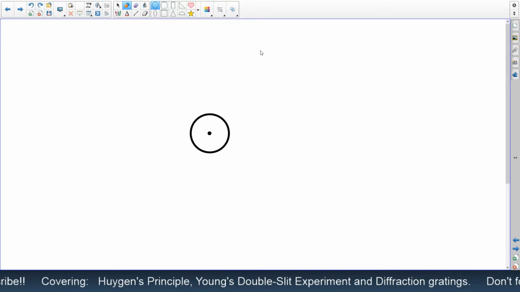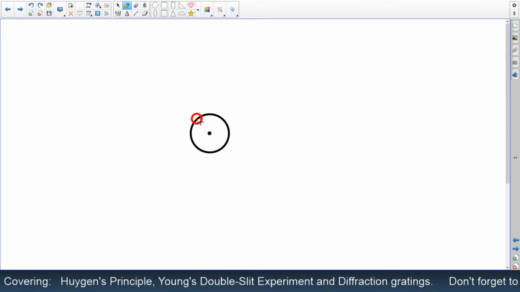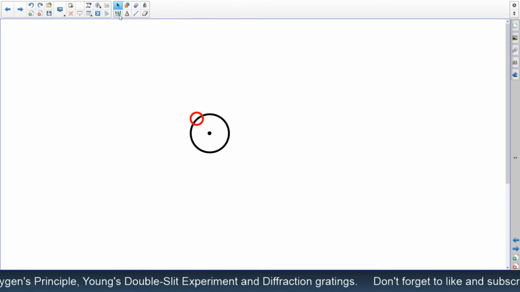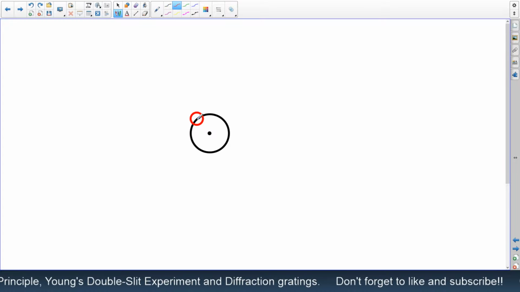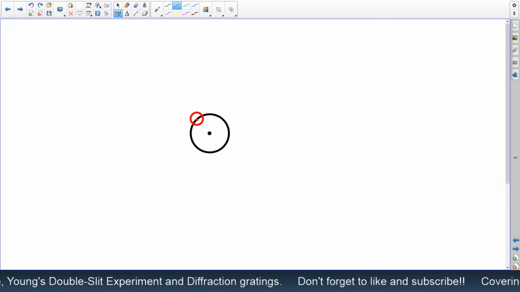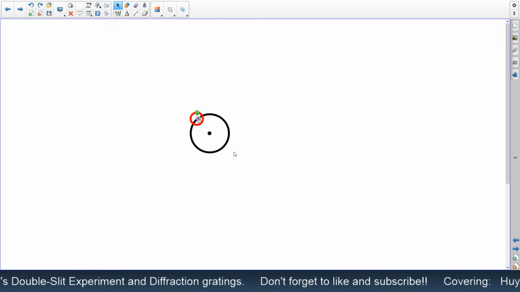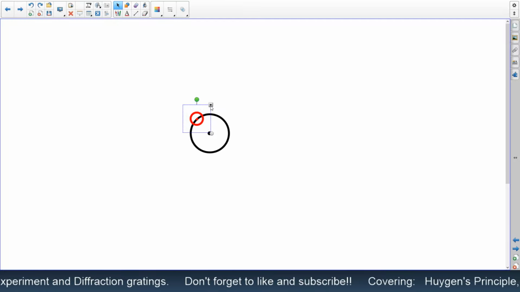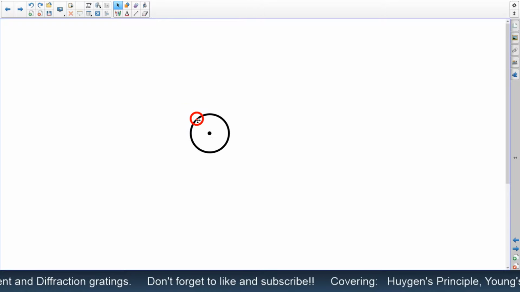So let's get some red circles. Let's make that a circle, and let's put a little dot in the middle of it so we know where its center point is. So around about there, and we're going to group those together, and then we're just going to clone these over and over again.